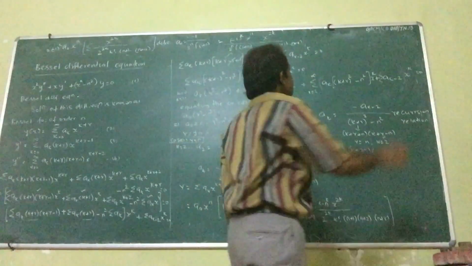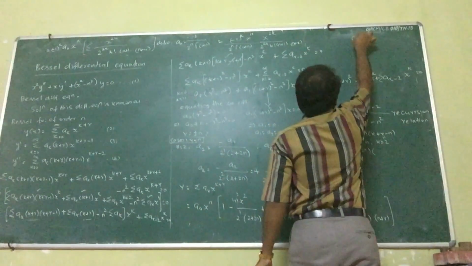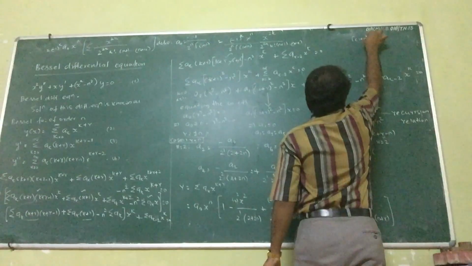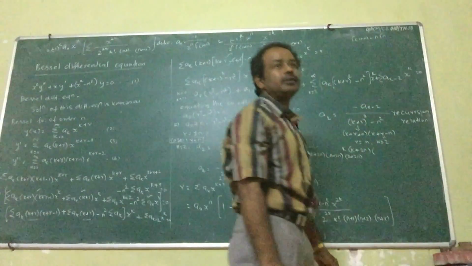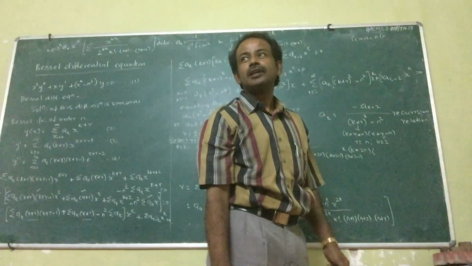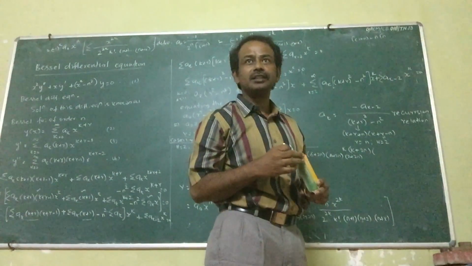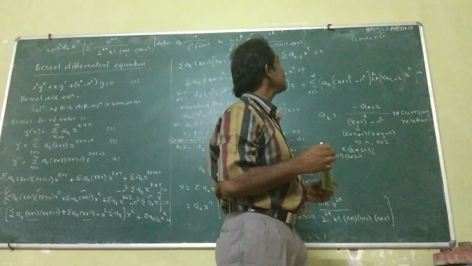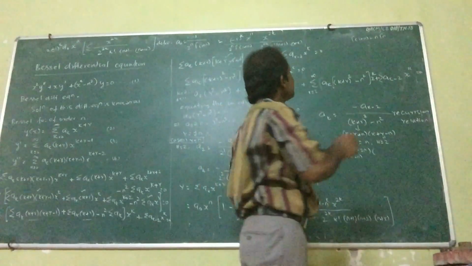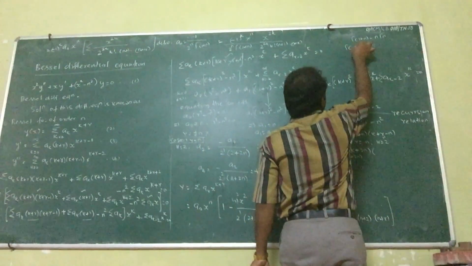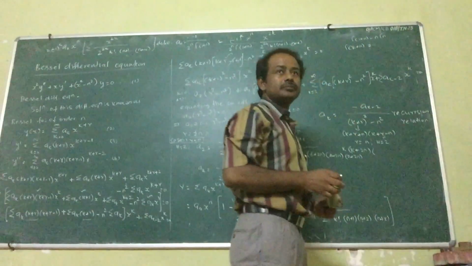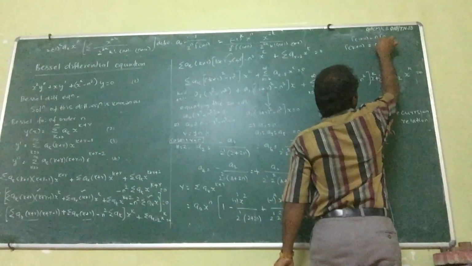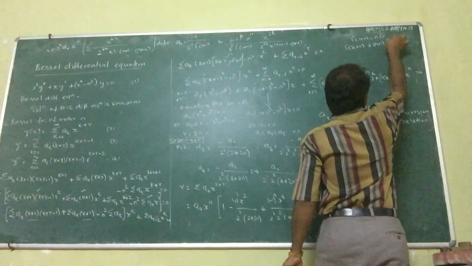Now from the gamma equation we know already gamma 1 plus n equals n into gamma n. We know this from the gamma integral, beta integral, beta function and gamma function. I am going to add 1, so this becomes gamma 2 plus n, which is n plus 1 gamma n plus 1.